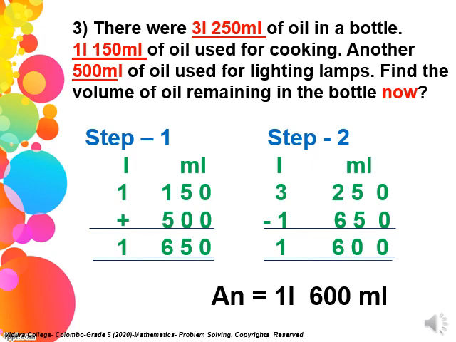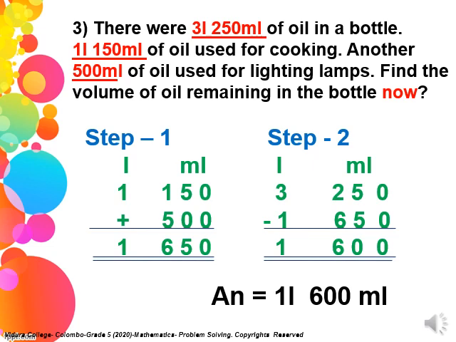So now in the bottle, we have some amount of volume still remaining in it. So the question wants you to find the remaining volume in the bottle now after using it for 2 different purposes. Is the question understood now?